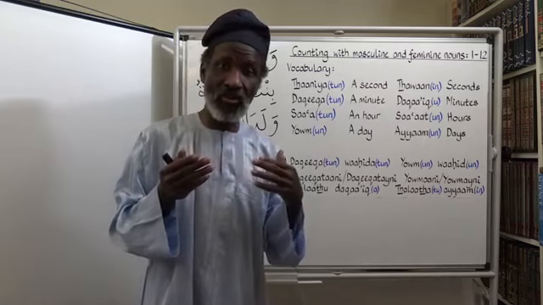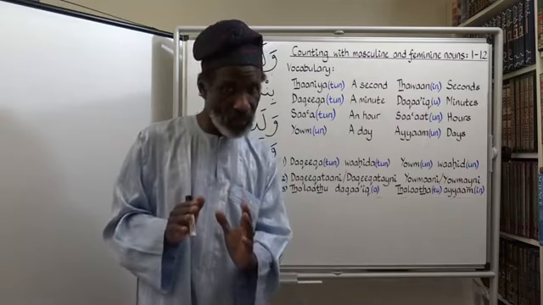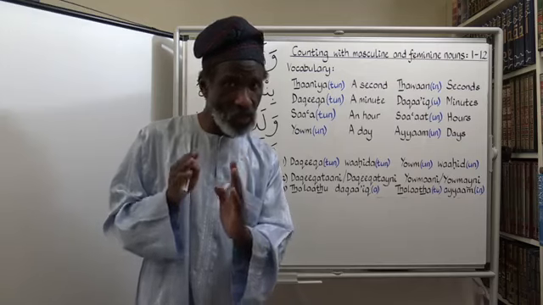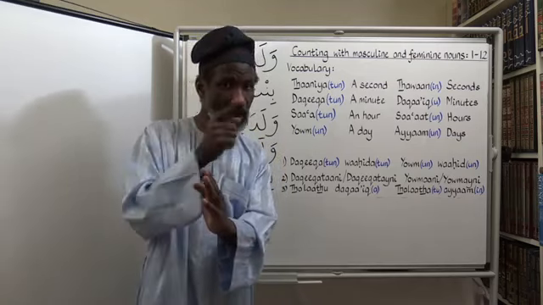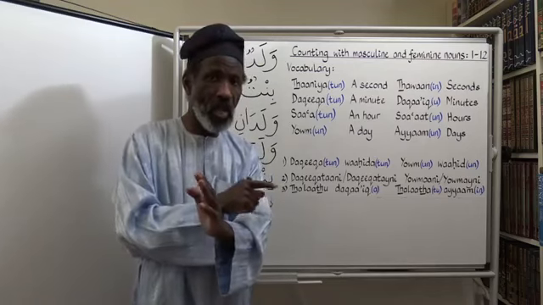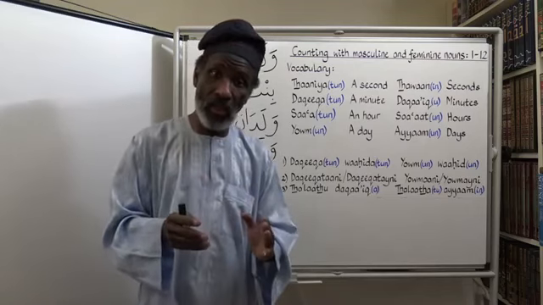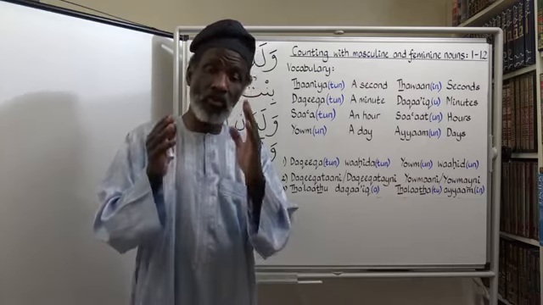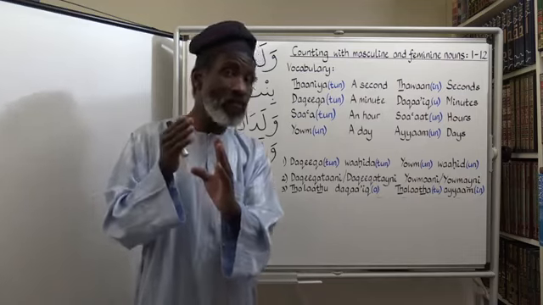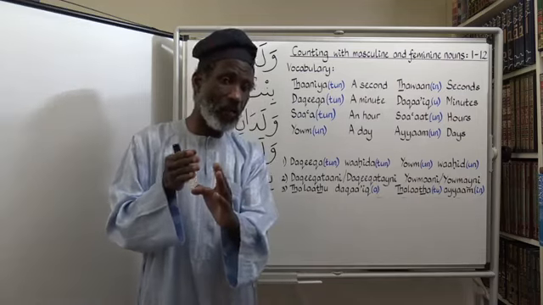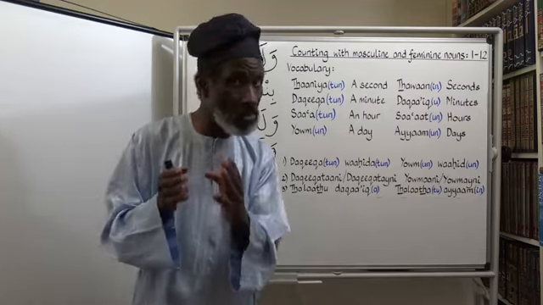If you want to say 3 boys, you mention number 3 first, and you use the feminine version of number 3 to count boys. If you are counting girls, you say 3 girls, you mention 3 first, and that 3 needs to be the masculine version of number 3.